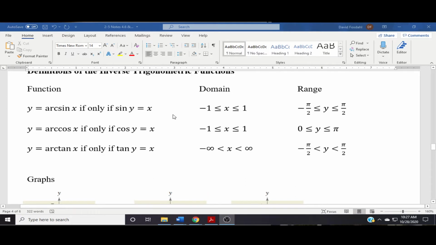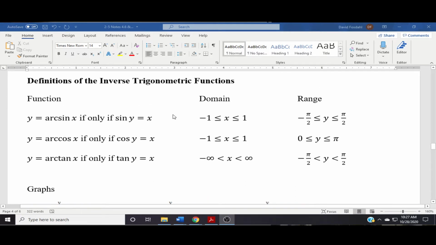Okay, key concepts. Definition of inverse trig functions: y equals arc sine of x if and only if sine of y equals x. That's what we talked about before. This shows us three different functions, our sine, our cosine, and our tangent, with what our domain is restricted to and what our range is restricted to.